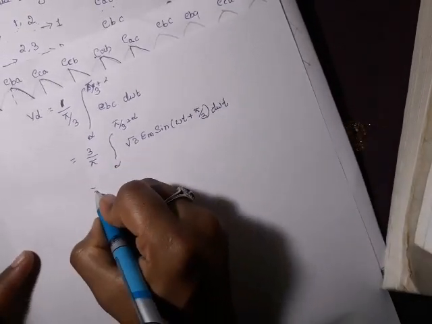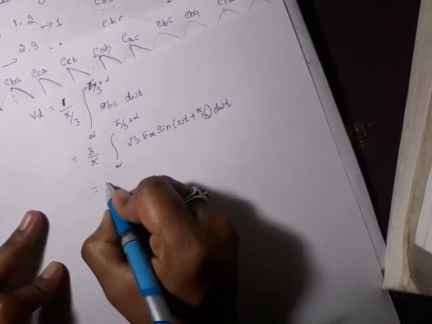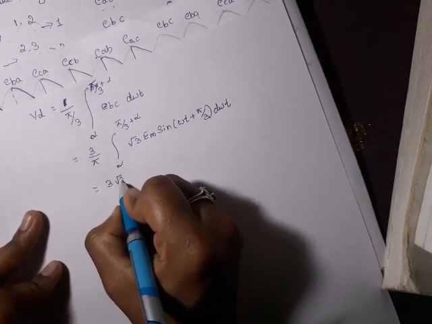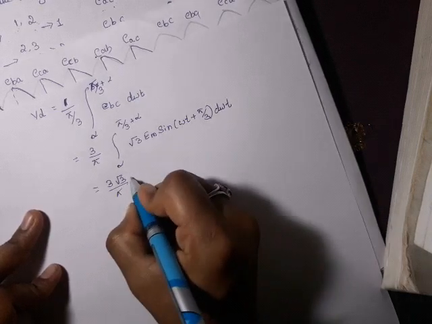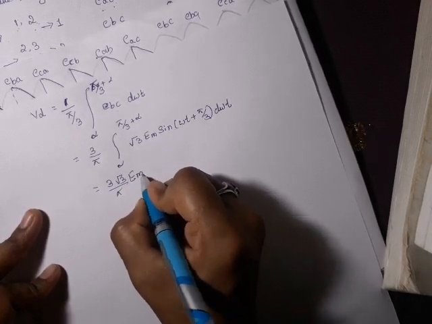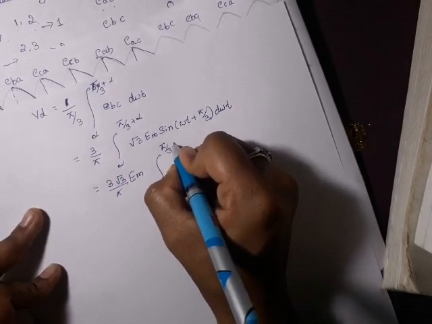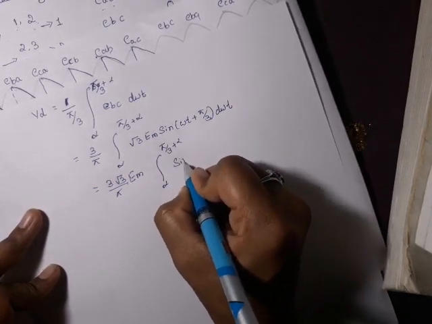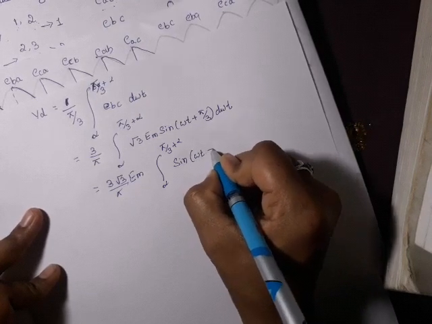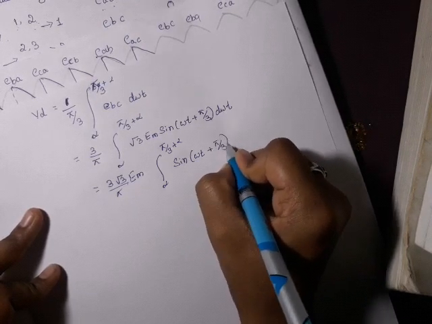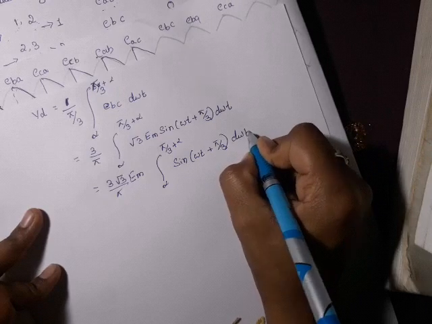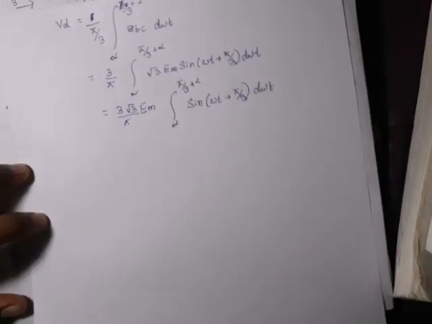Now I will continue with this. I take root 3 outside: 3 root 3 by pi. Em is also constant, so I take Em outside. The integral from alpha to pi by 3 plus alpha of sin omega t plus pi by 3 d omega t. We need to integrate this.